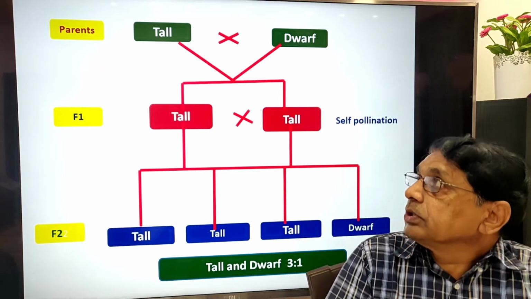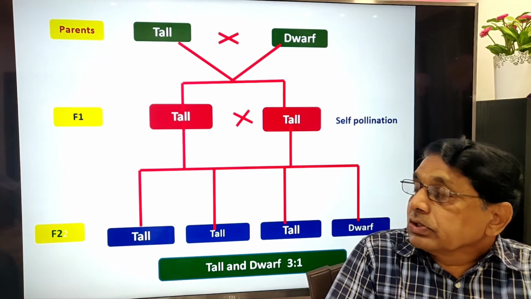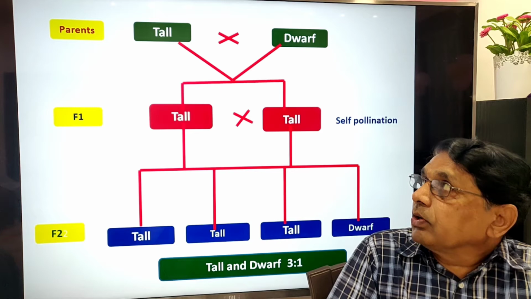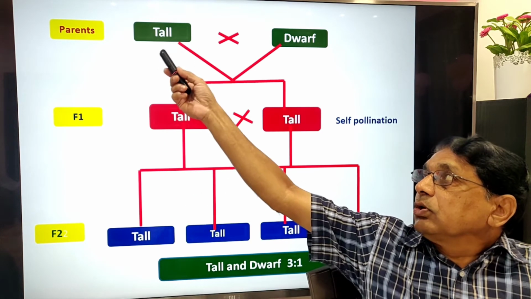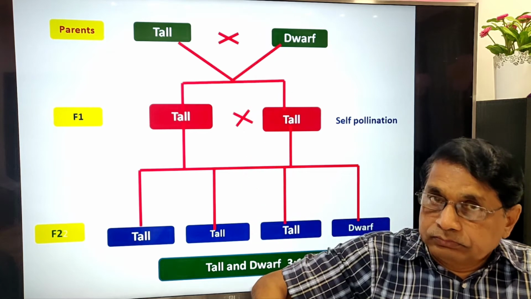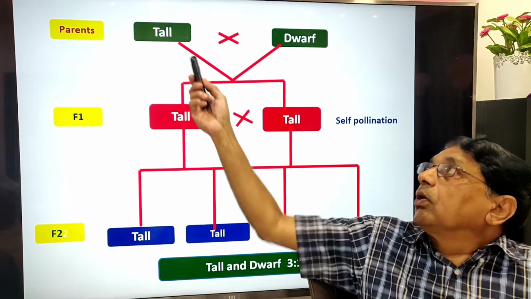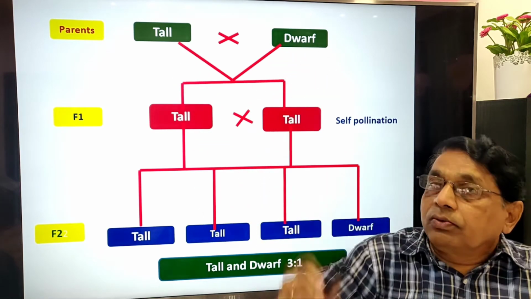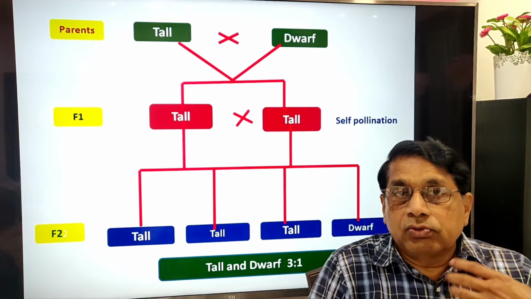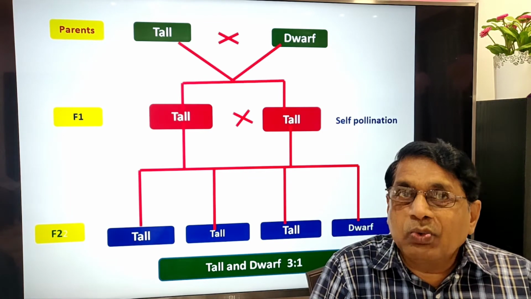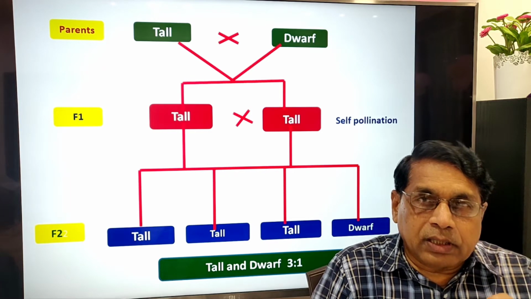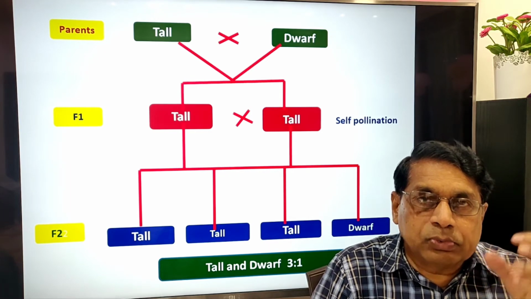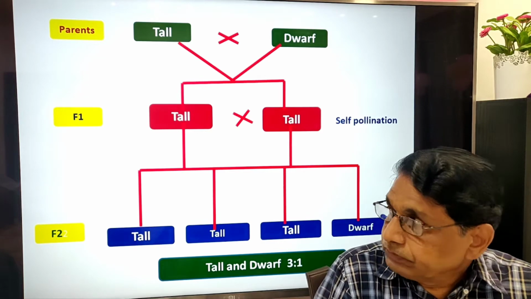Now, these are the experimental results in monohybrid cross. The trait is height, one variety tall, another variety dwarf. These were pure lines, homozygous, pure for tallness, pure for dwarfness.